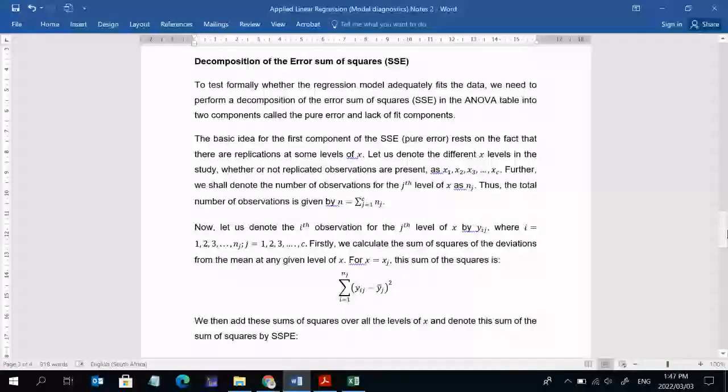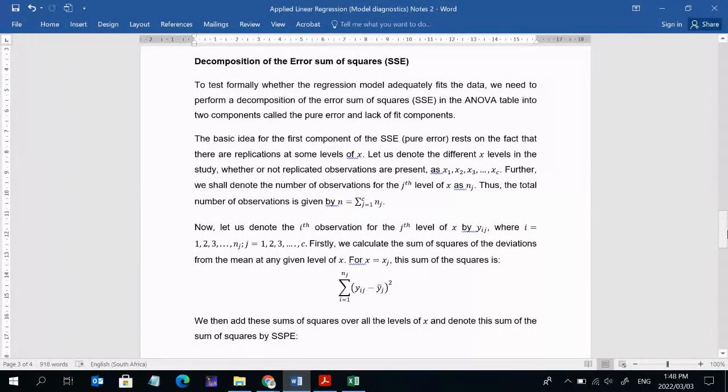So we are going to the ANOVA. We are not starting from scratch. We need the SS reg, we need the SS error, we need the SS total. In fact, we need that ANOVA table from chapter 1. So we go to that ANOVA table and partition the error into two.